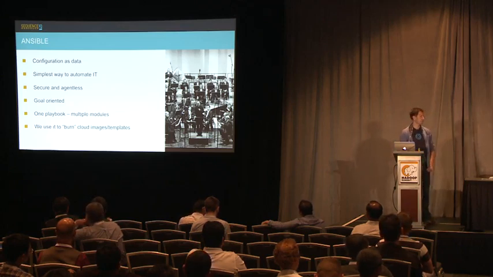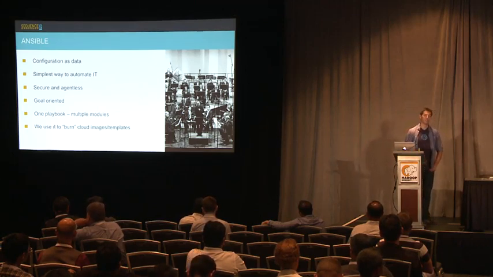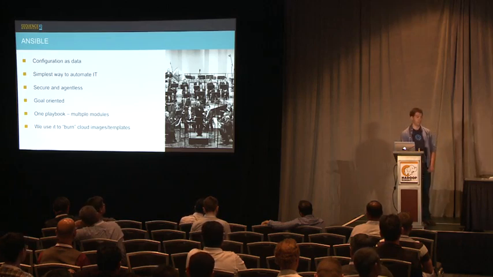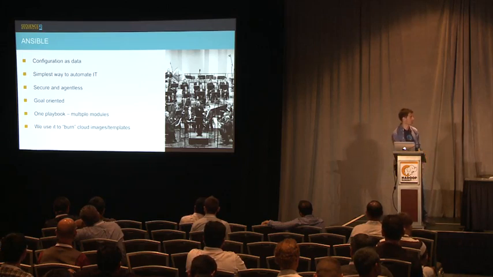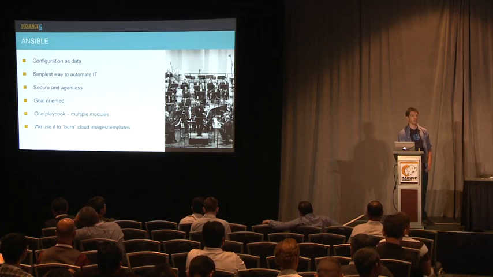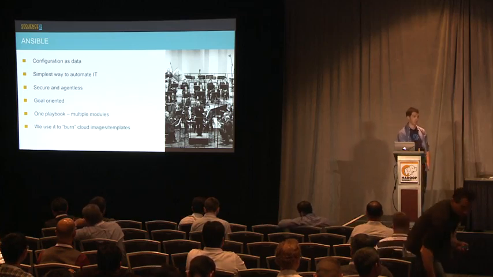We think it's the simplest way to automate IT because it's not a server-based approach like Puppet or Chef. It's agentless, and it's secure. The only thing you need on the hosts is SSH, and most likely you have that anyway.